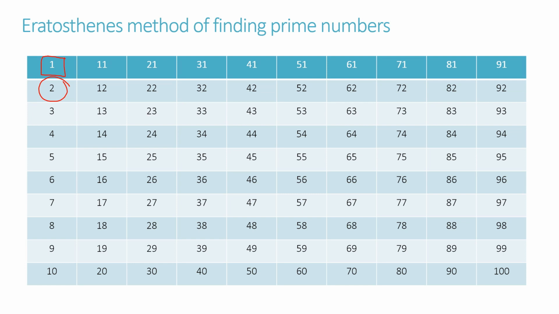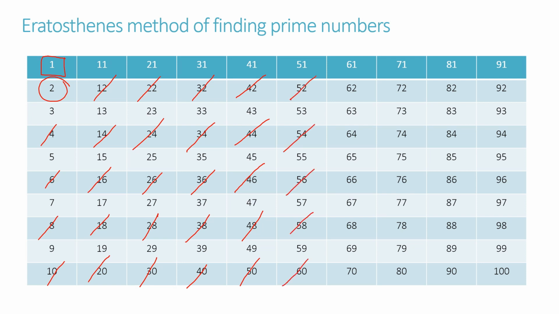So start from 4, 6, 8, 10, 12, and so on, up to 98 and 100.